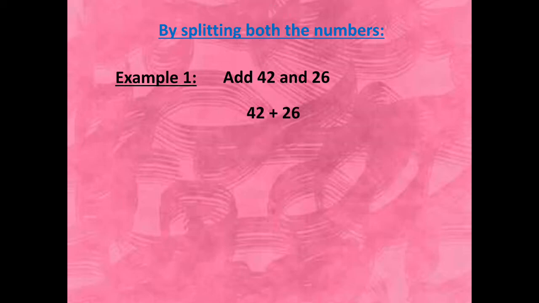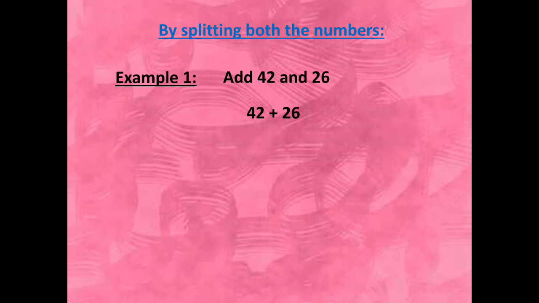Now we will take another topic, that is by splitting both the numbers. In the first two examples, we split only one addend, but here in this example, we will split both the numbers. The first number is 42 and the second number is 26, and they said to add. Add means plus.